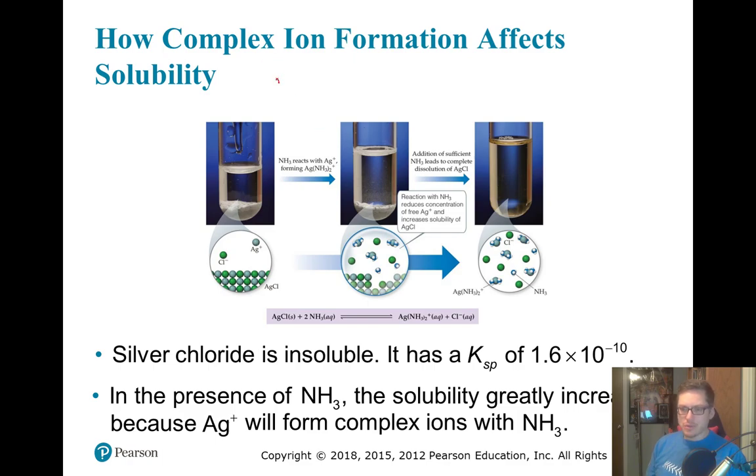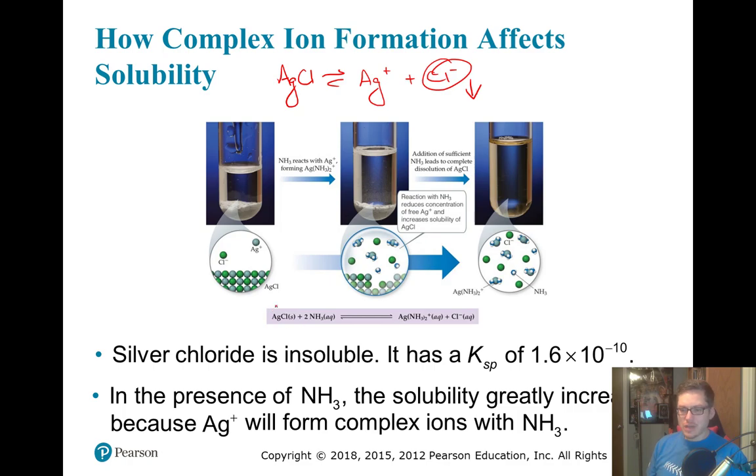Remember, your silver chloride, AgCl, is going to be like this. You got silver ions and chloride ions. And so as you add this ammonia, it will react with this silver, and the silver will start forming this complex ion. So the concentration of the silver will be going down, therefore the reaction will shift to the right. So more and more of the silver chloride will be able to dissolve in solution.